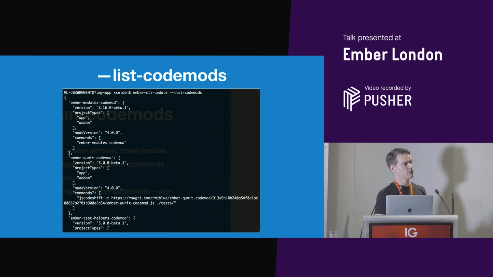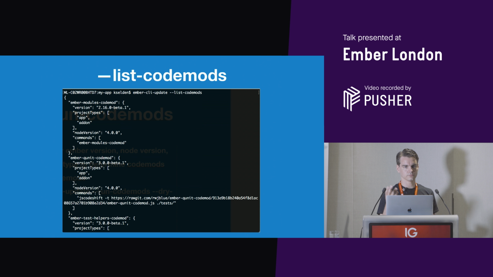This option, list code mods, will show you what the manifest is. And you can see there's some meta in there to determine what to apply it to. So ember-cli-update runs against add-ons, Ember apps, Glimmer apps. It can run against engines, but I haven't done that yet.